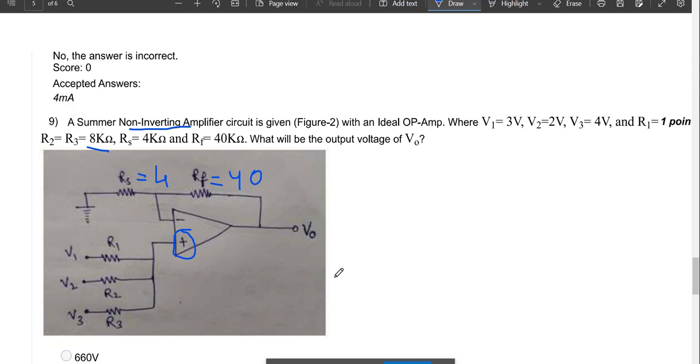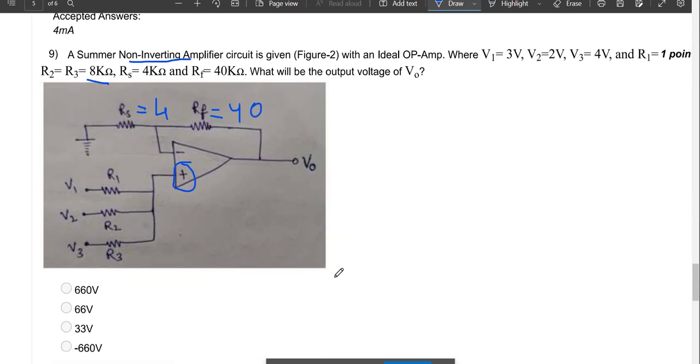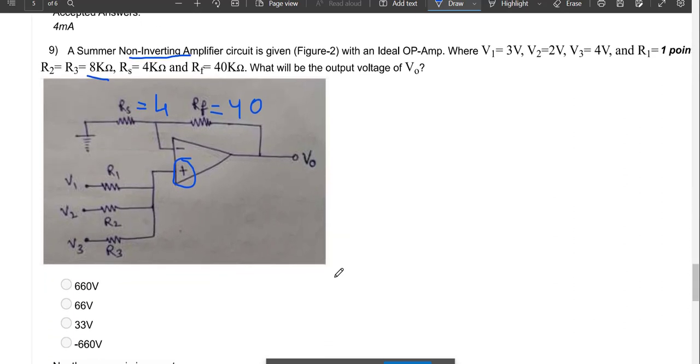Try to solve this question. These are the options. Solve it and we will discuss. Don't tell answers right now. I'm giving you 4 minutes to solve this question and then we'll solve it together. Try to solve it by yourself.